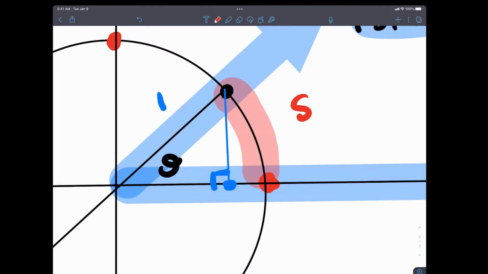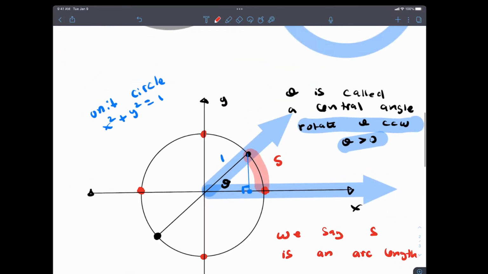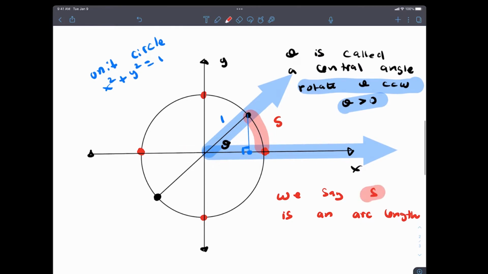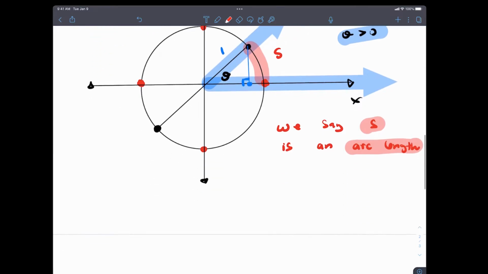Always remember that. Generally speaking, in mathematics, S represents arc length. Let's write that down in our notes: distance along the circle, in this context, distance along the unit circle. You with me on that?